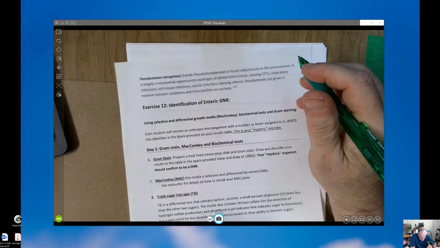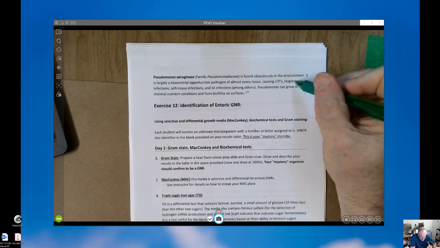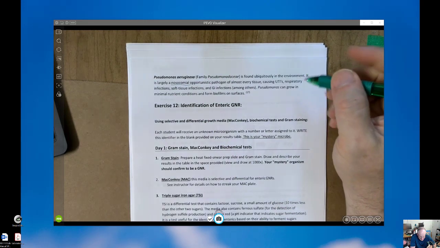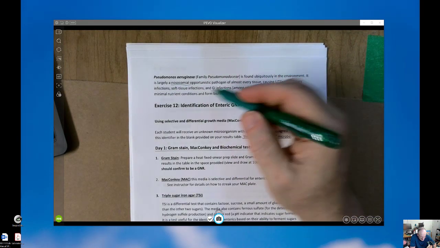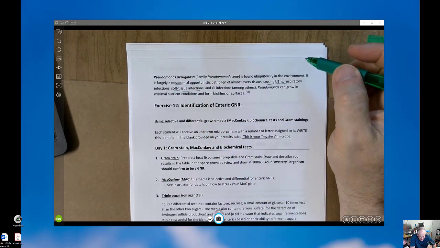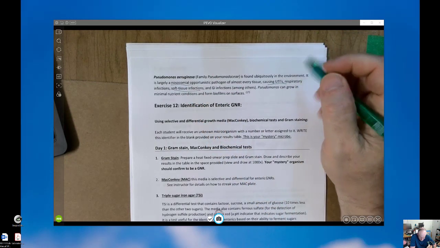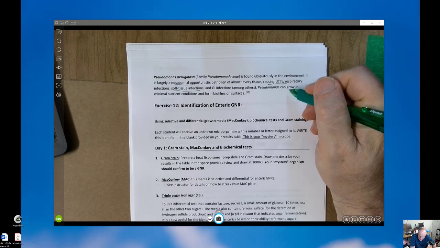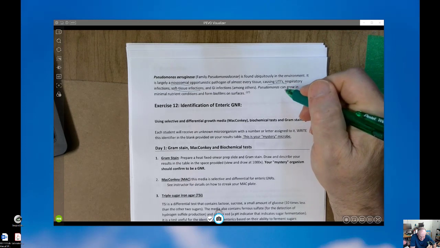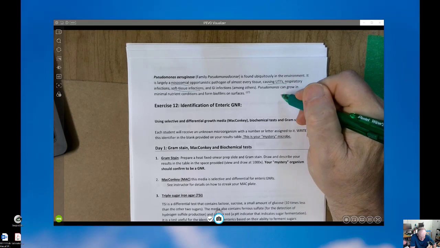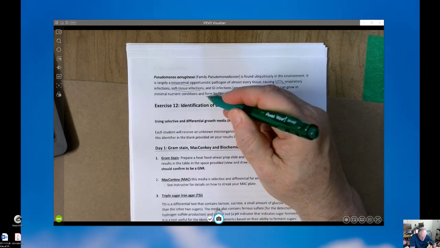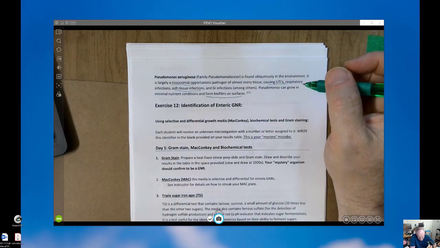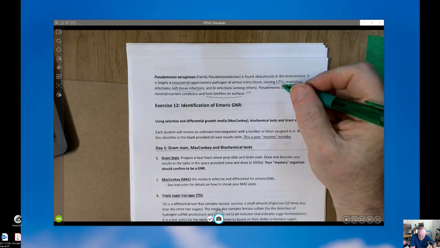Pseudomonas aeruginosa, it's found in the environment. It's a nosocomial opportunistic pathogen. We see it causing UTIs, respiratory, soft tissue infections, burn patients. We see it a lot in burn patients, ones that can't deal with infection effectively when the skin has been so severely damaged. Also, they like to form biofilms, so they stick around, but they have that characteristic green color to it.